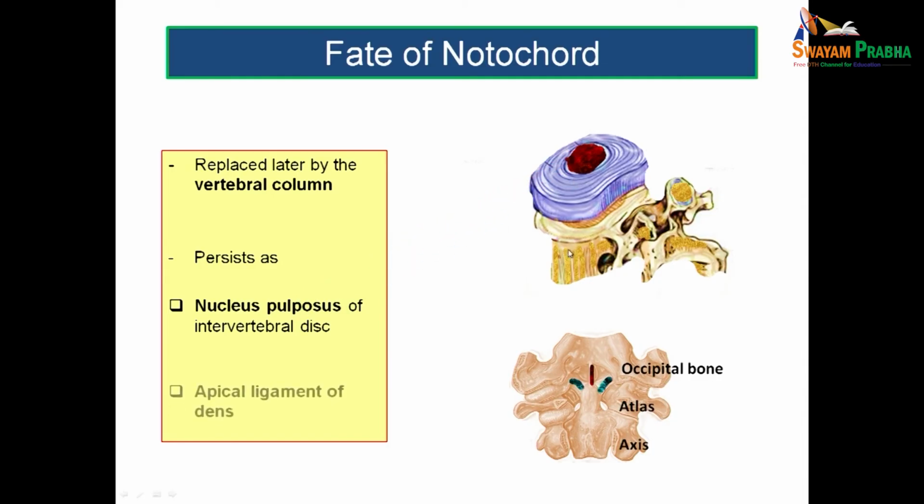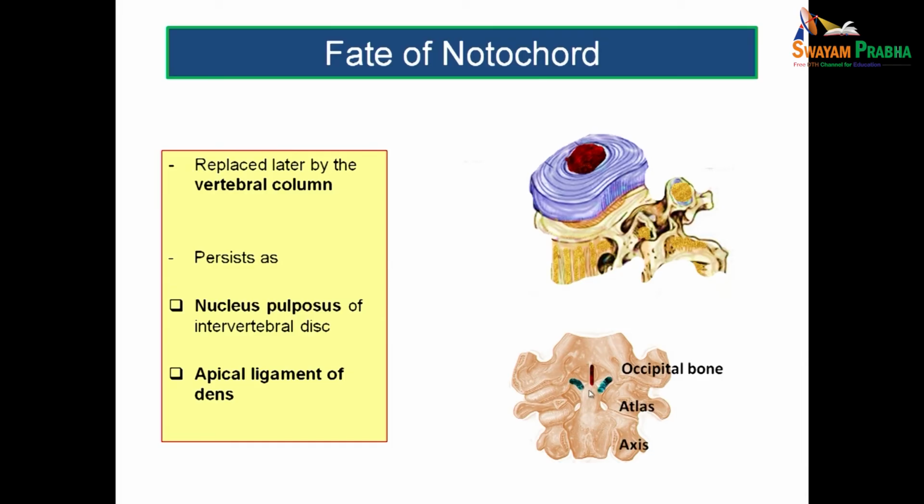Another remnant is known as the apical ligament of dens. So, this is the atlas vertebra, and this is the axis vertebra, and this is the occipital bone. The atlas vertebra is not having a body, but that is said to be the dens of axis. The detached portion of the body of atlas gets fused with the axis, and that is known as the dens or odontoid process of axis.